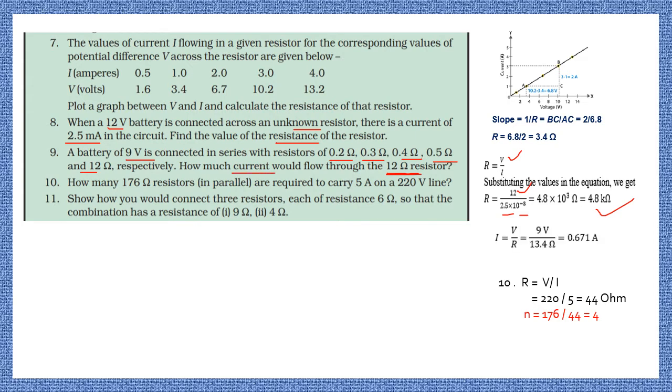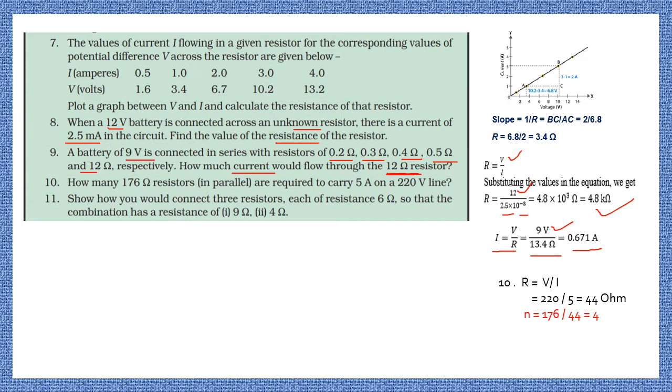I is equal to V upon R. The value of V is 9 volt and the value of R is 13.4 ohm. And this is 0.671.